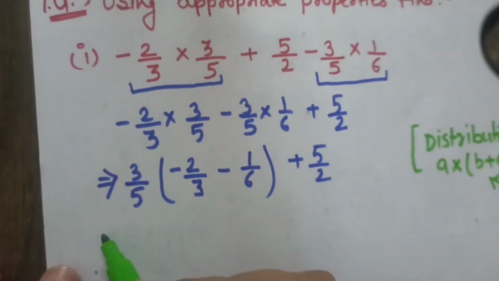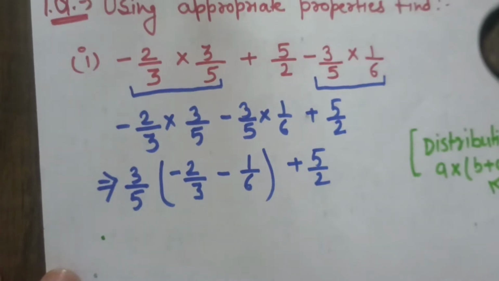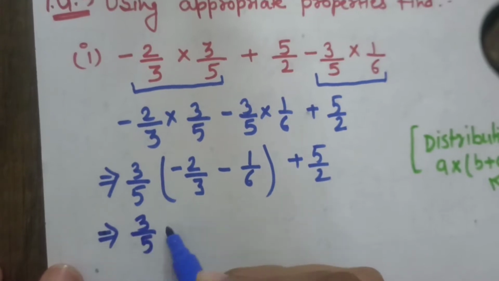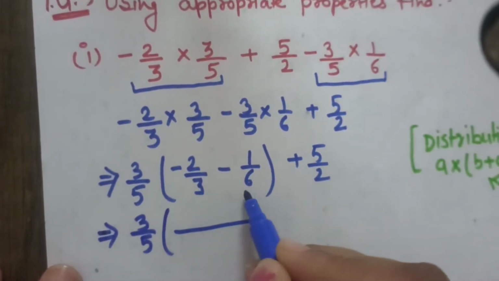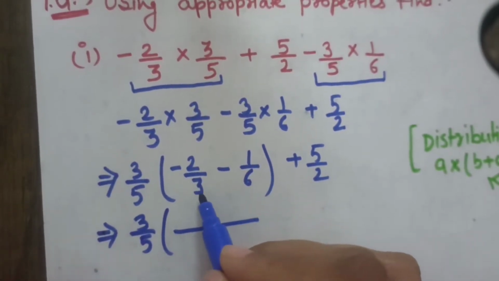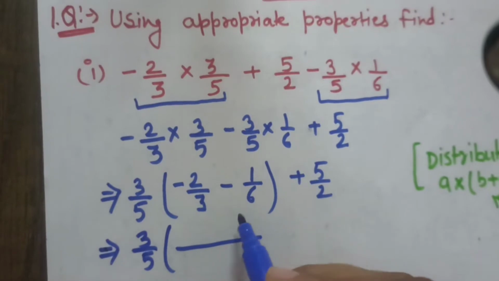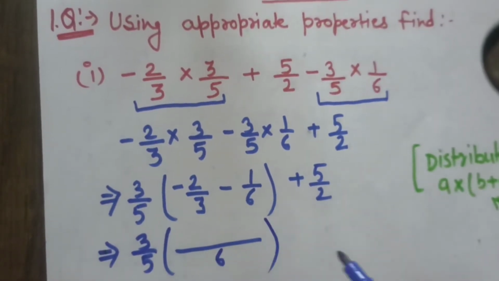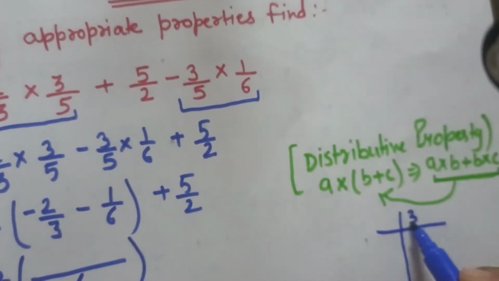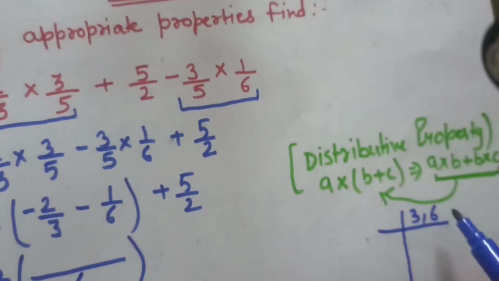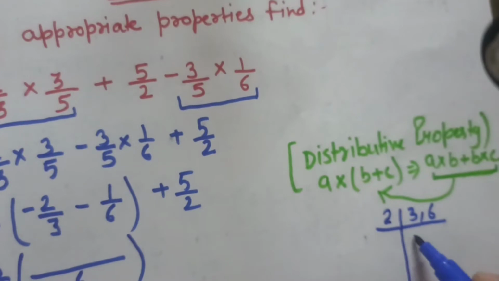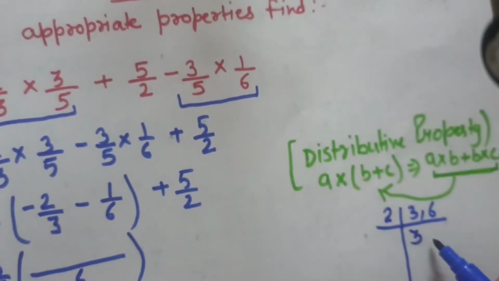Now let's solve it. First of all, we will solve the bracket. 3 and 6 are different numbers, so we'll take the LCM of them, and the LCM of 3 and 6 will be 6. How are we solving the LCM? The numbers are 3 and 6. We are doing the prime factorization of them. First of all, we divide with 2. Because 3 is not in the table of 2, 3 will remain as it is.